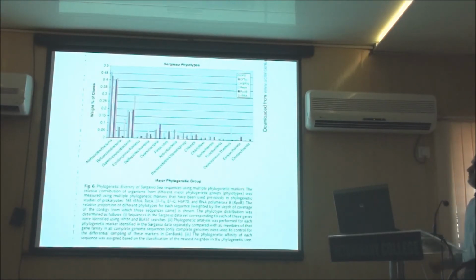From these sequences he retrieved the sequences for EFG, EFTU, HSP70, RECA, RPOB, and 16S rRNA, and he used these to study the phylogenetic diversity of that sample.